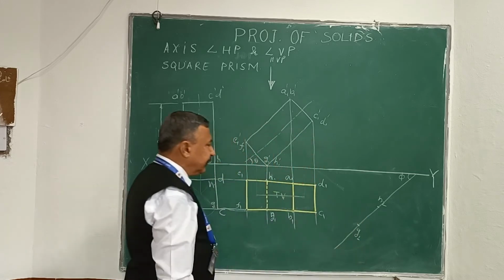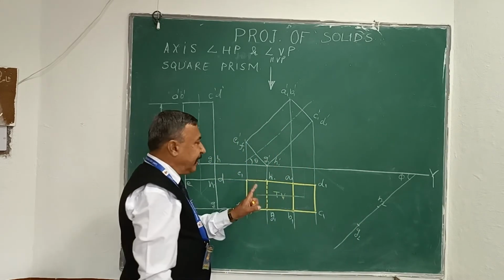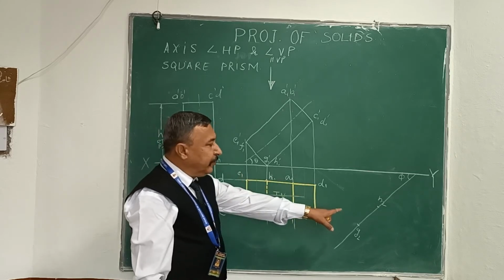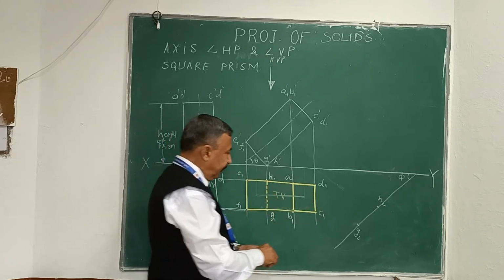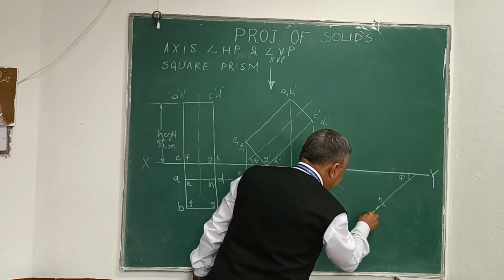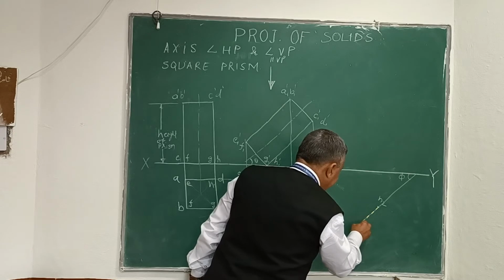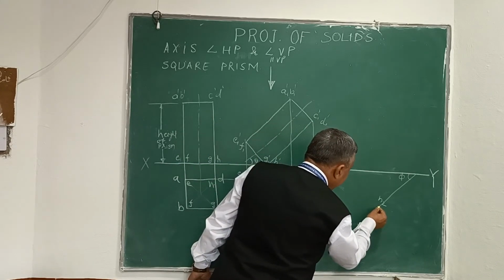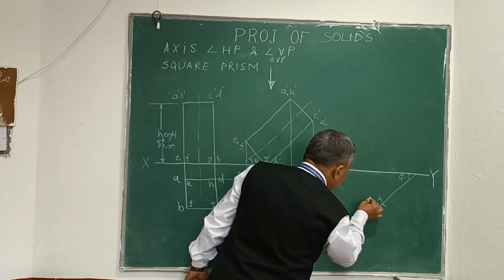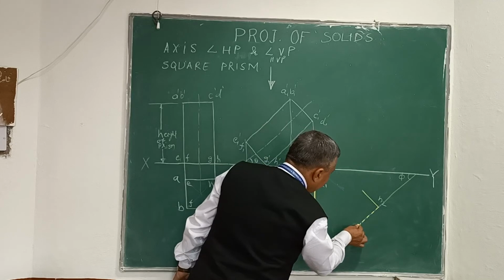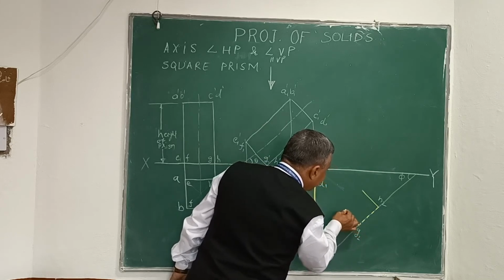Now with respect to this, I have to complete this view around this. So first I draw this edge. This is hidden, means not seen. Now complete the remaining view. Make sure that dimensions do not change.